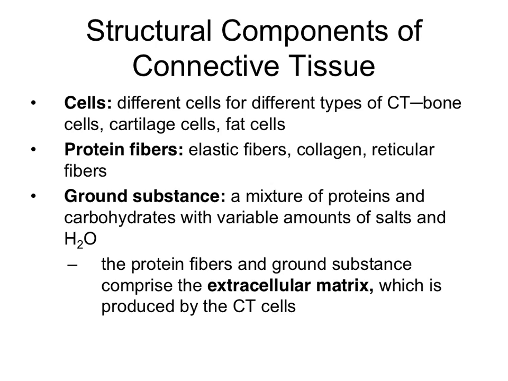Structural components. So what is your connective tissue made of? Remember in epithelial cells, we said that there are cells and there's extracellular matrix, right? So in your connective tissue, you have lots of different kinds of cells. You have bone cells, you have cartilage cells, you have fat cells. You also have lots of different kinds of protein fibers.